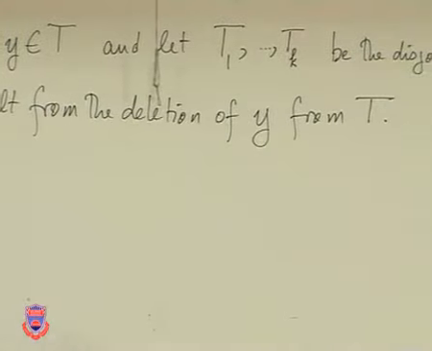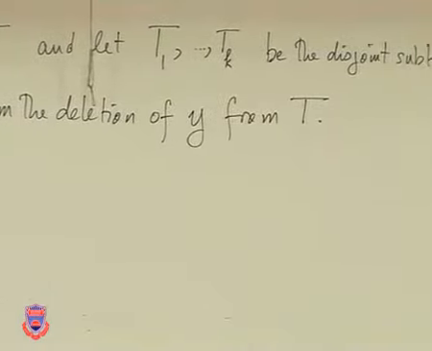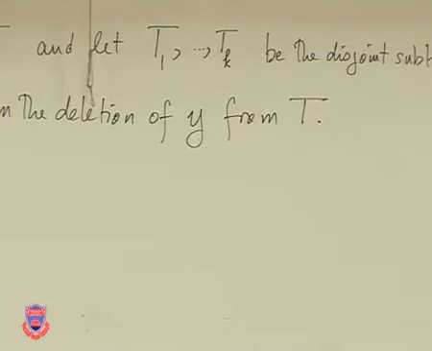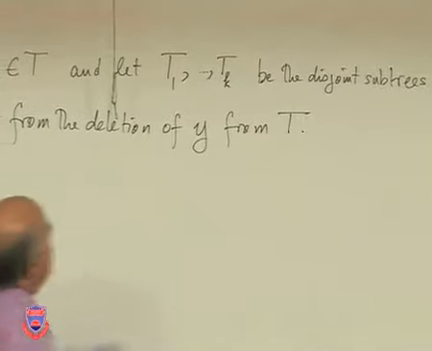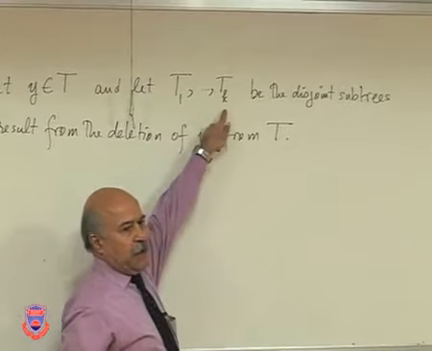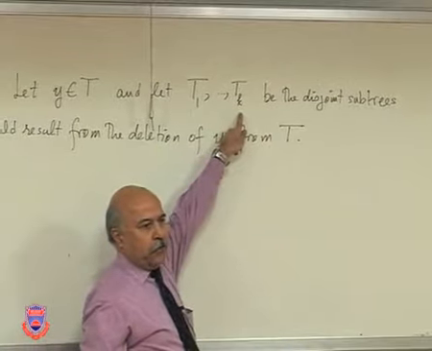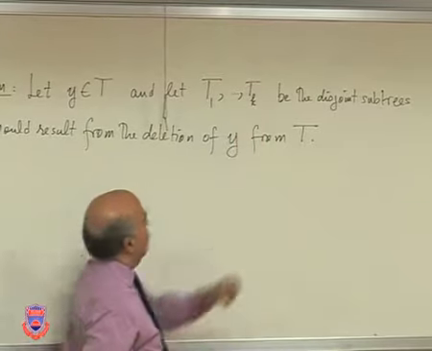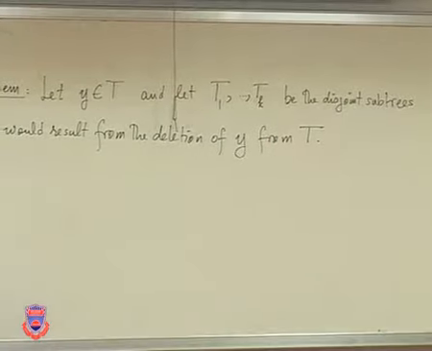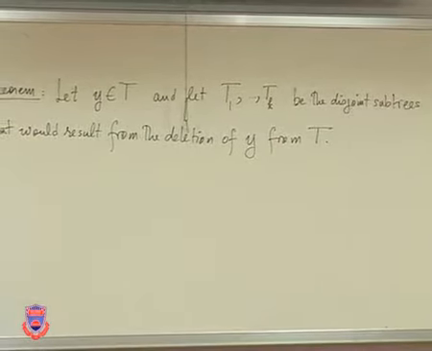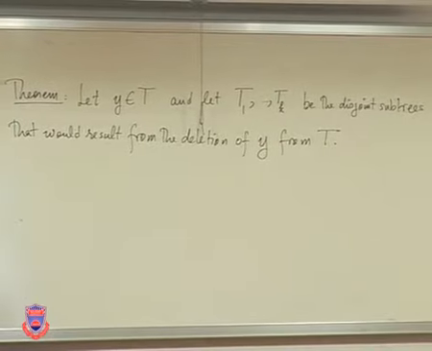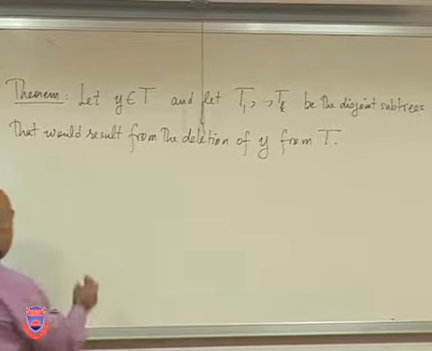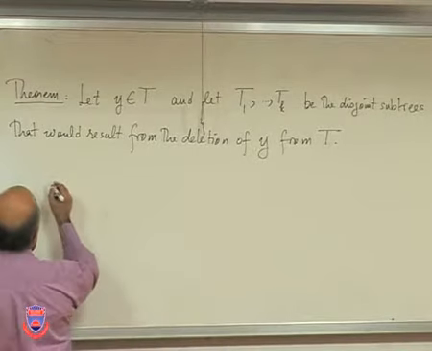So suppose you have a point y, which is either an interior point or a vertex point, and let t1 up to tk, where k is either 2 or larger than 2, be the disjoint subtrees, which you would get when you delete y from t. And here's the solution.